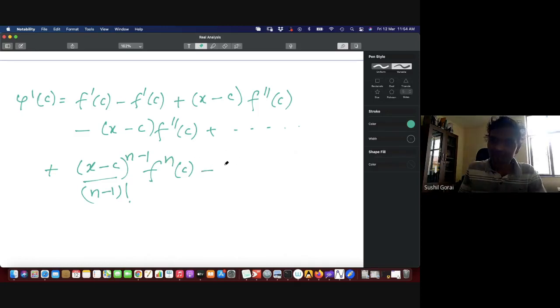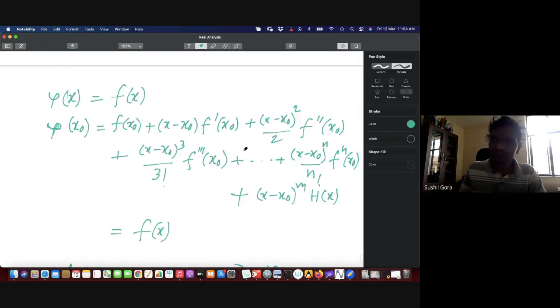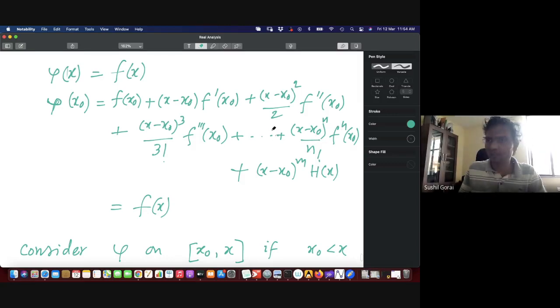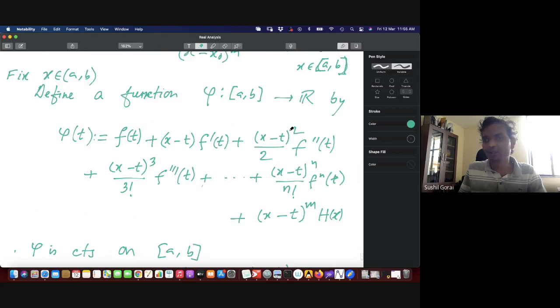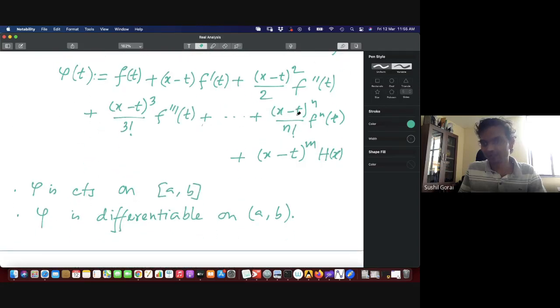So we are taking the derivative at this level. Minus, we take the derivative of this one. So we take the last part of the derivative of the previous term, and we look at the derivative of this last term.